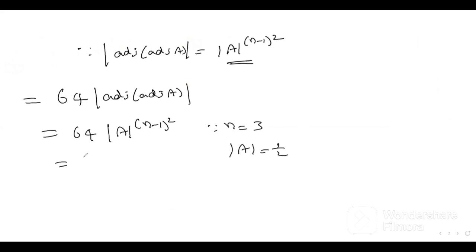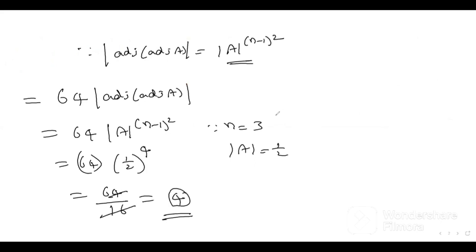Now substitute here 64 times 1 by 2 power n minus 1, 3 minus 1, whole square, power 4. So 64 by 16, what we get here? 4 is the answer. From the statement, these two are given: det A is equal to 1 by 2 and it is a 3 by 3 matrix.